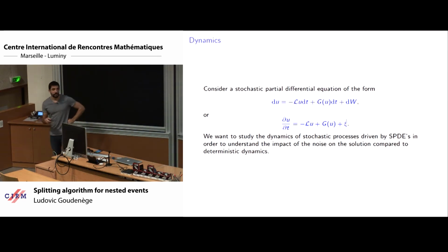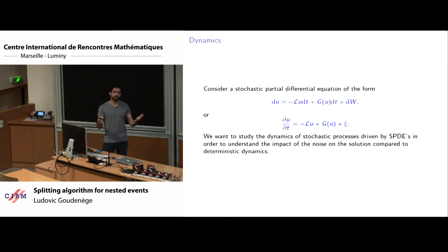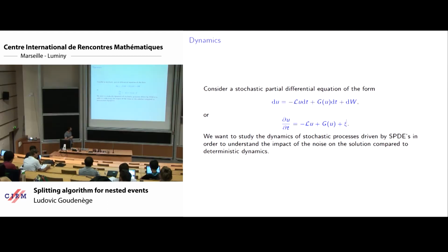And when the noise is very strong, you have something which is very noisy, and maybe it will find the door much more quickly than a deterministic evolution. So we want to understand, of course, the impact of the noise, and so we want to make some statistical description of the evolution given the noise.